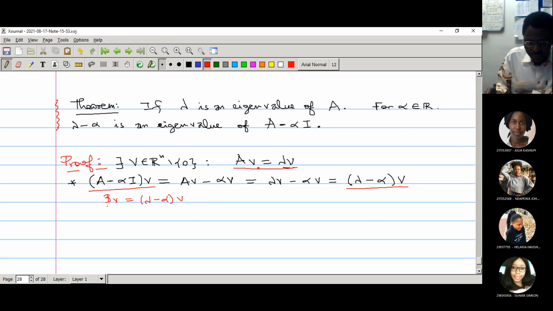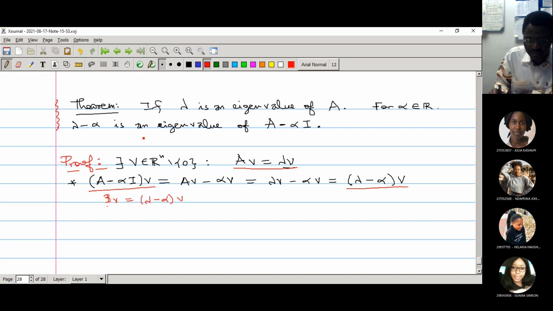Here we have a matrix applied to V, and it gives a constant multiple of V. So lambda minus alpha is an eigenvalue of B, where B is A minus alpha identity.